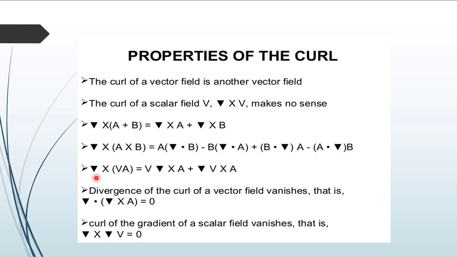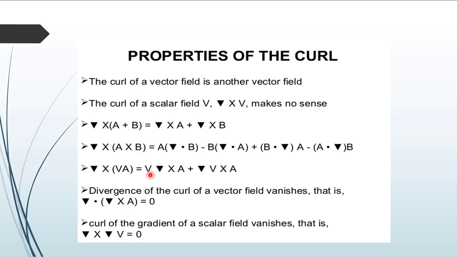Again, the fifth law, del cross (V times A), right? Sorry, V is a scalar quantity and A is a vector quantity. So we can multiply any scalar value with a vector value. So what is the output?